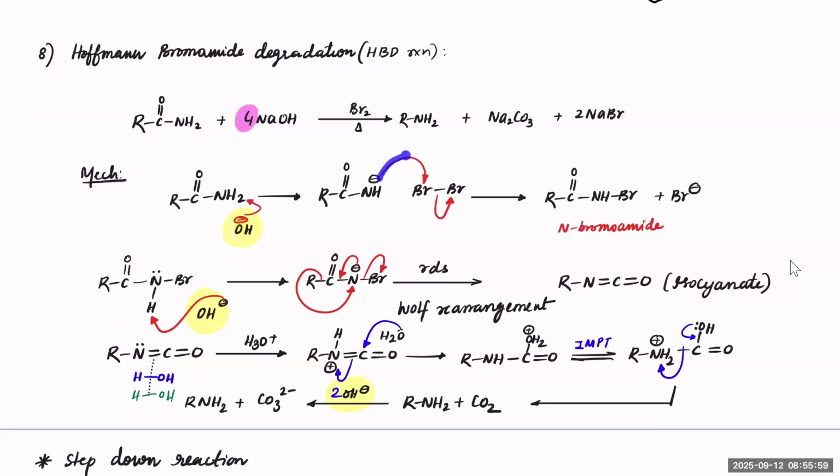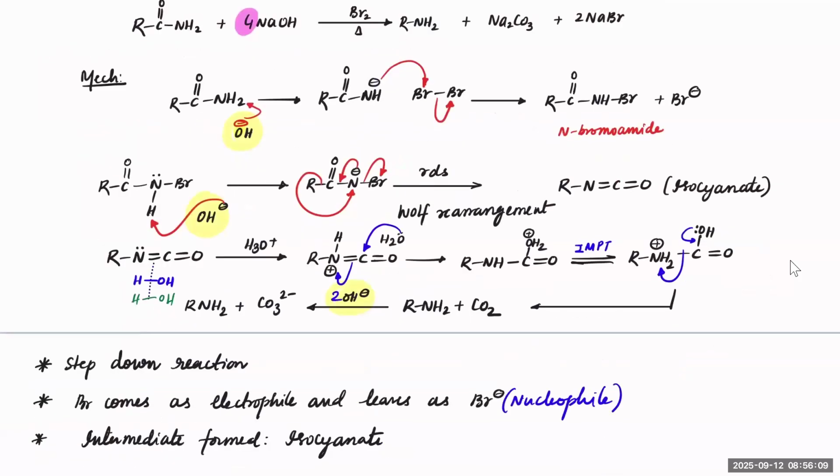Once you get N minus, that will attack the bromine, removing out the other Br minus, and thus you'll get an N bromamide. Thereafter, OH minus can remove this H plus out, and you'll get N minus.